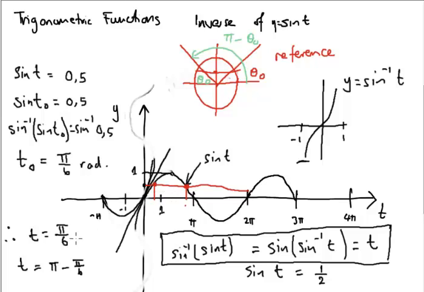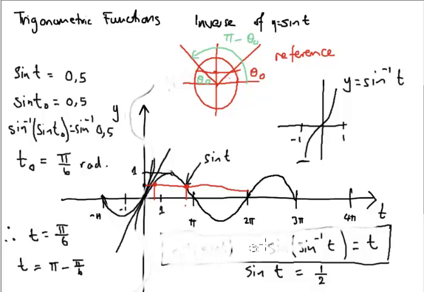Now, if I want to give all of the solutions, all of them, I now need to incorporate that this function is periodic, period 2 pi. So if it's periodic with period 2 pi, how many solutions would that equation have? How many?